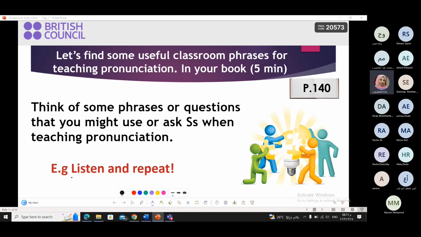Do we use this sentence very often? Listen and repeat. So I want them to listen and to repeat. So we make what we call drilling. Maybe you ask them to listen to me or to the audio and repeat, so that you make sure as a teacher that they are pronouncing correctly, right?